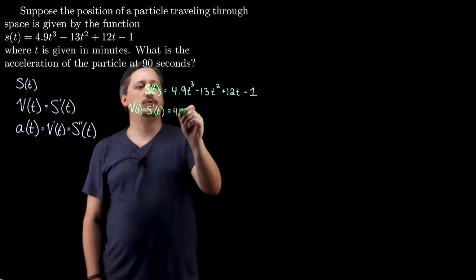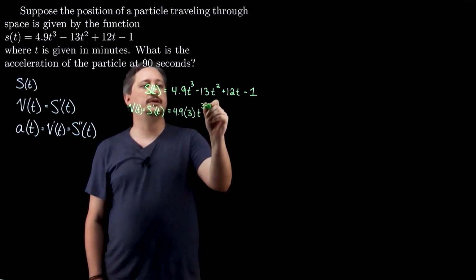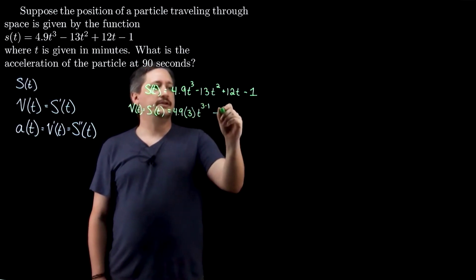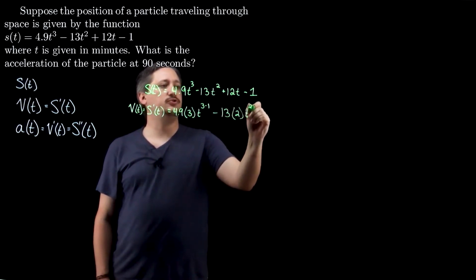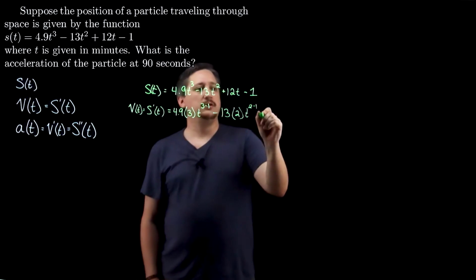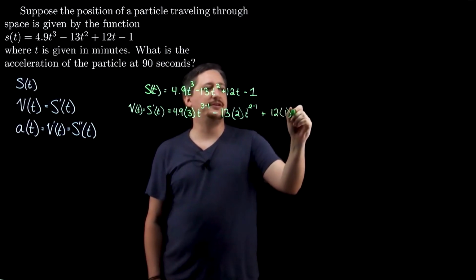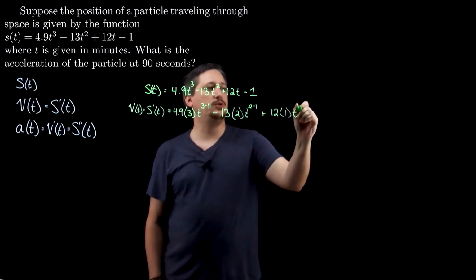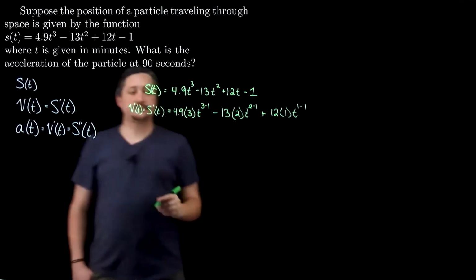So I have 4.9 times 3t to the 3 minus 1, minus 13 times 2t to the 2 minus 1, plus 12 times 1 times t to the 1 minus 1, and the derivative of a constant is 0, right?